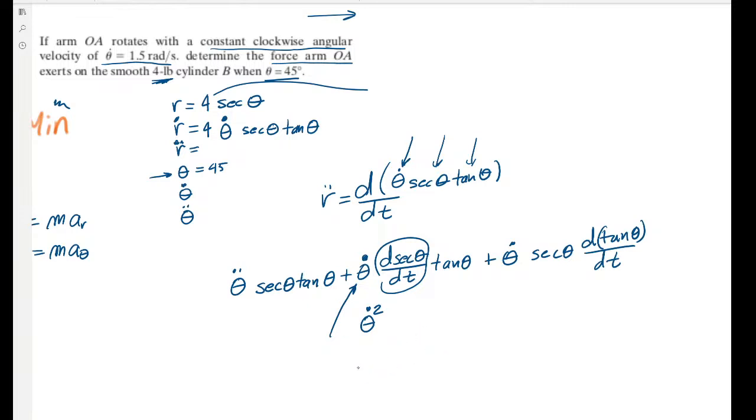So now you look back up, you'll see a secant tangent squared plus, now the derivative of the tangent with respect to time.